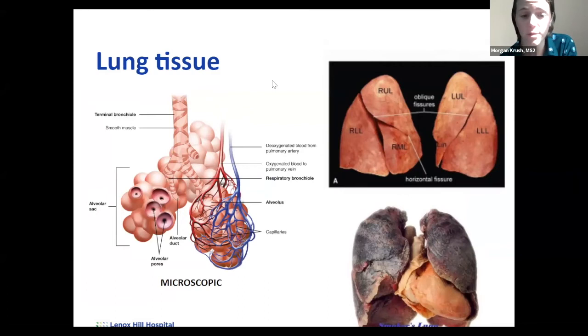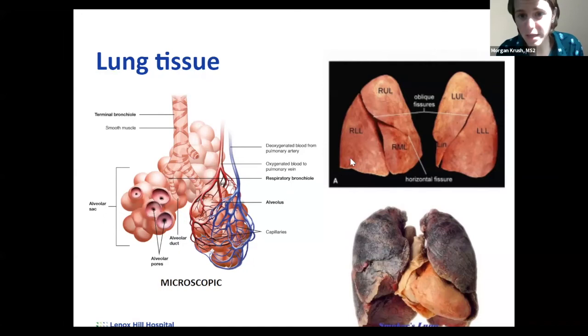And in order to do that, we need a lot of surface area to allow for diffusion. So we need a lot of air coming in, and then you can see it comes into these little bubbles called alveoli. And those alveoli are surrounded by capillaries, which are very, very thin-walled vessels, which allows all of the oxygenation to go right into the blood.